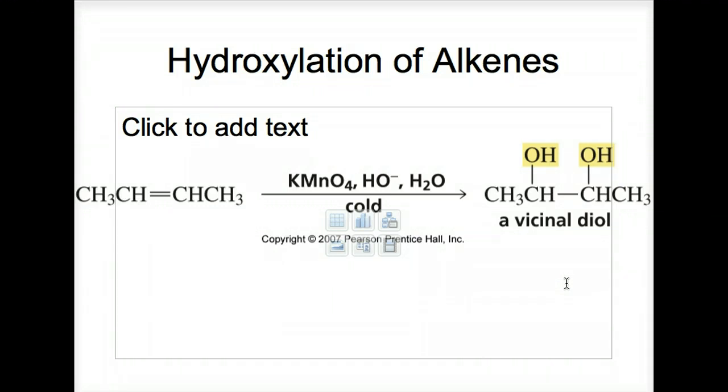If the reaction were heated, or if it were put under acidic conditions, the diol would be further oxidized, as we'll see in section 7 of the chapter later on. A vicinal diol is formed because OH groups are on adjacent carbons in the 1,2-diol. A diol is also called glycol, so sometimes the components are called vicinal glycols.